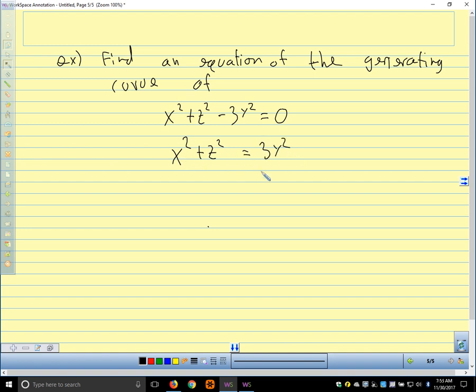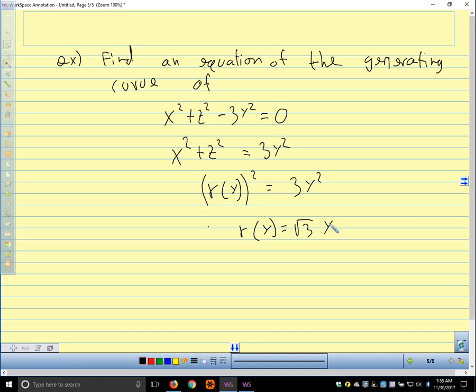Isn't this the equation of a circle? Yeah. So our r of y squared is 3y squared. So our radius function, r of y, is the square root of 3y. So that would be our generating curve.